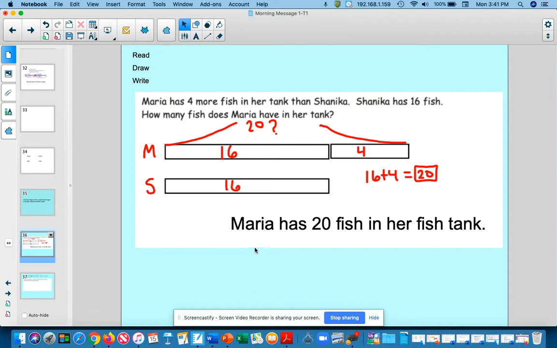Okay, so now we have our statement. So we have 16 plus 4 equals 20, and we know that Maria has 20 fish in her fish tank. Okay, so it's about setting up that tape diagram, and remember, we're comparing. We know that Shanika has 16, but we know that Maria has 4 more. So that would be the setup that you would use when it has that 4 more like that.